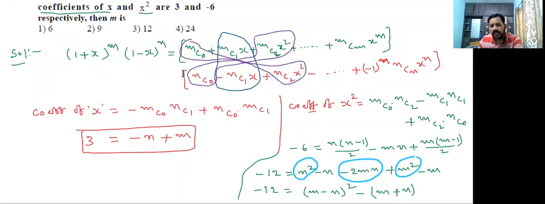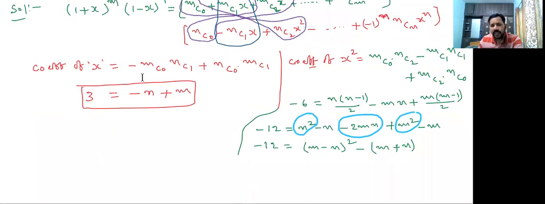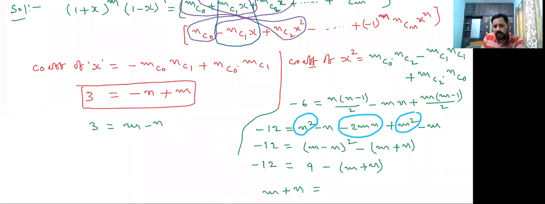So why am I writing like that? We know that the m minus n value here is 3. Substitute those values. Minus 12, 3 square is 9, minus of (m plus n). So m plus n is equal to how much, students? 21. m plus n is 21. m minus n is 3.